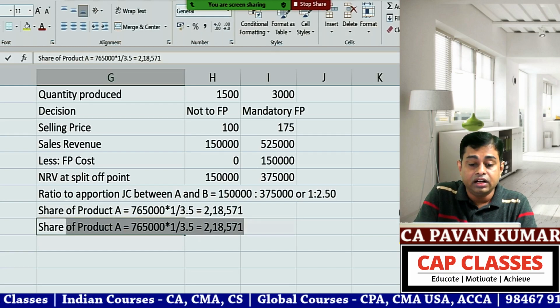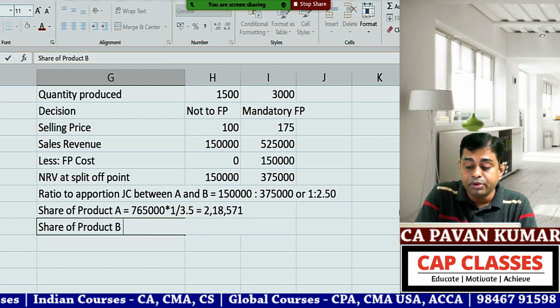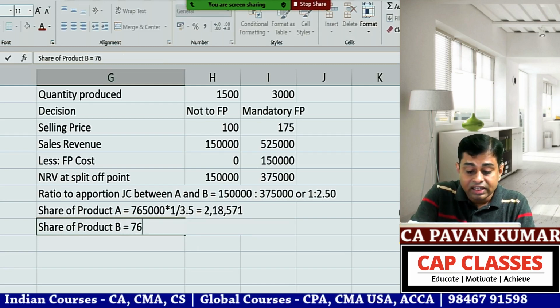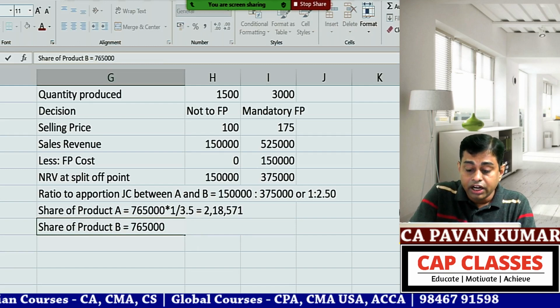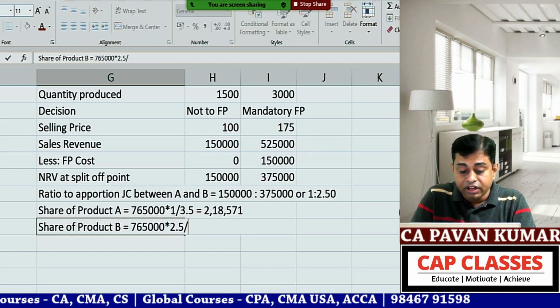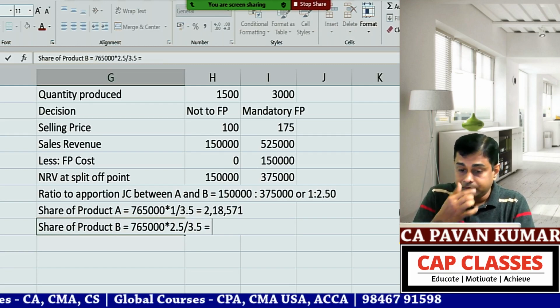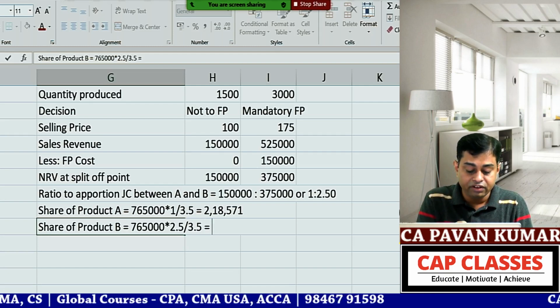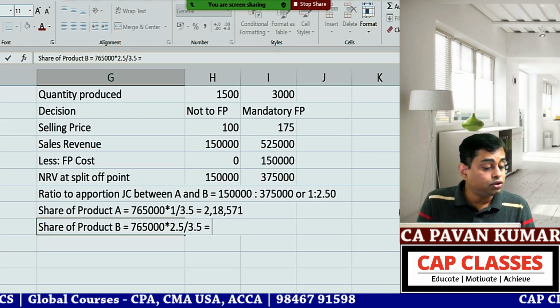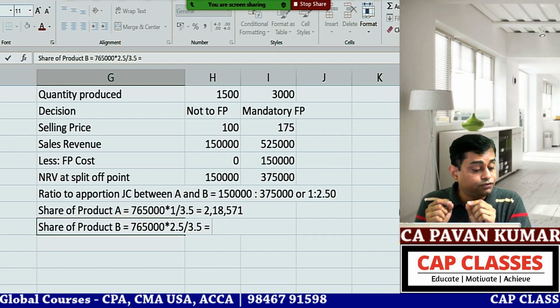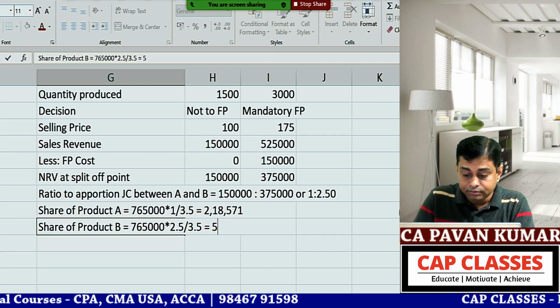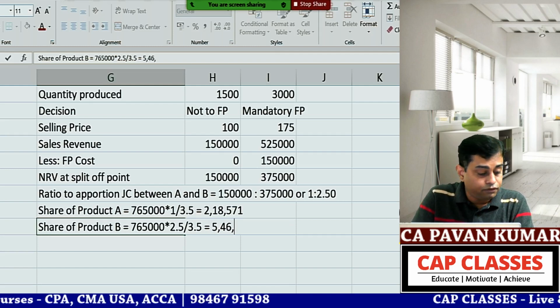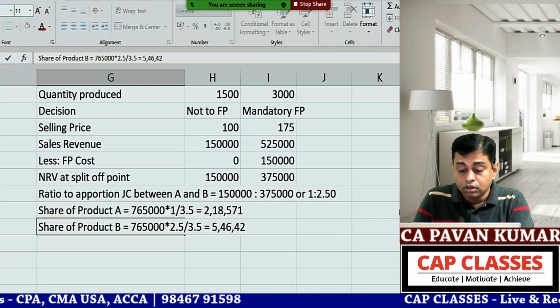Correct? Then share of product B is equal to 7,65,000 into 2.5 divided by 3.5. That comes to 5,46,429. This is the answer.